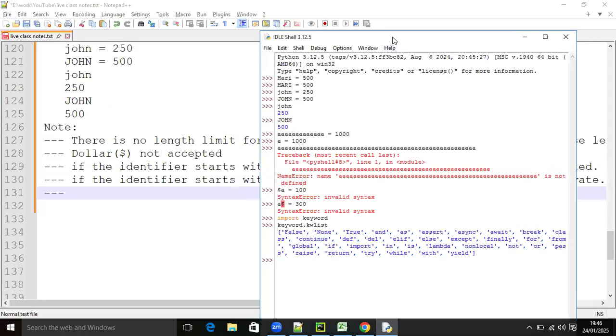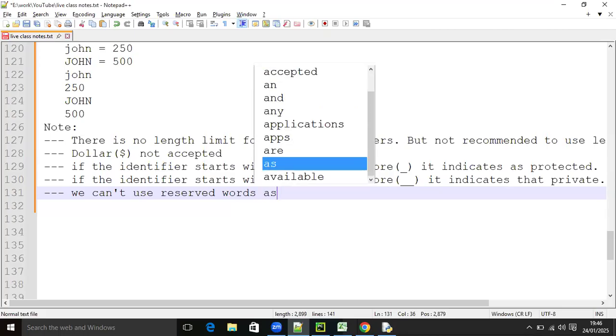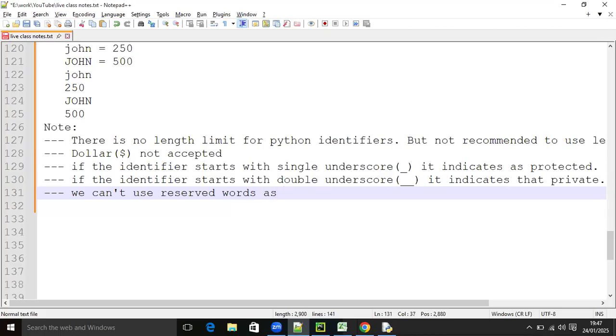Next, we can't use reserved words as identifiers.